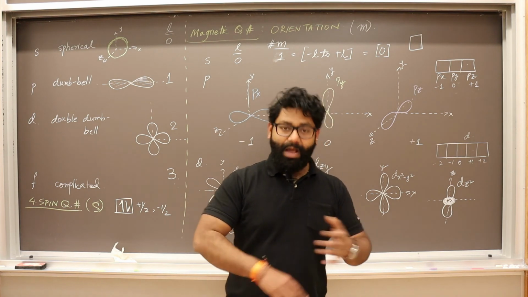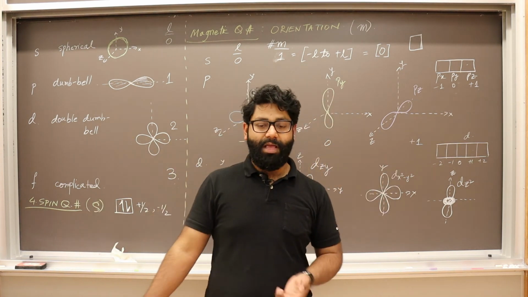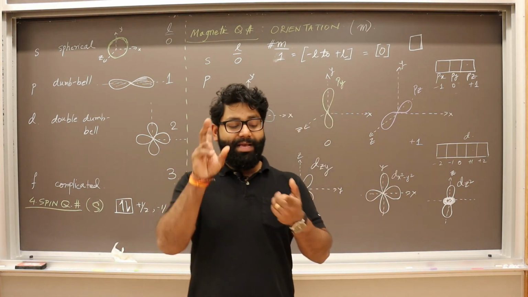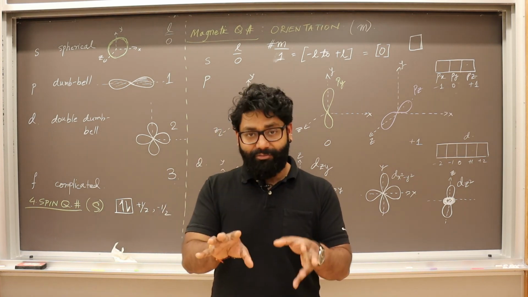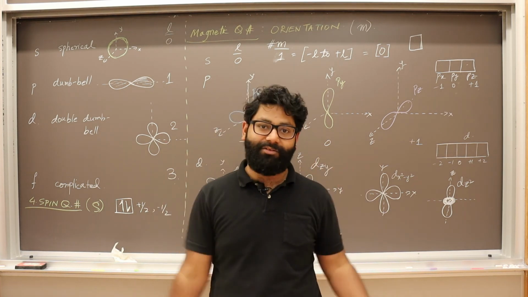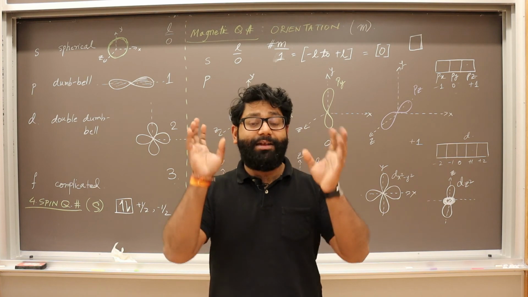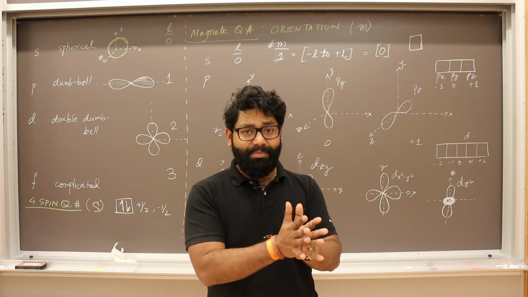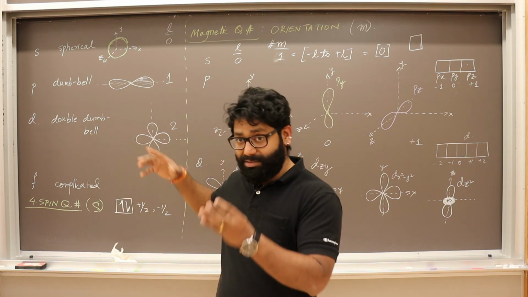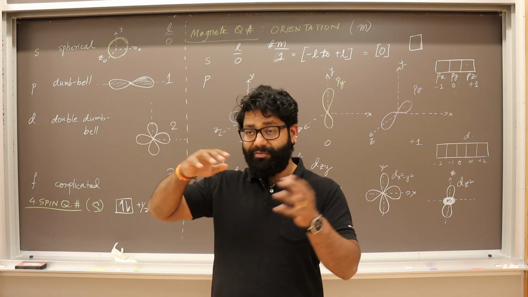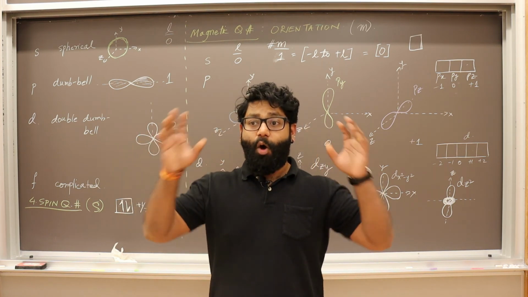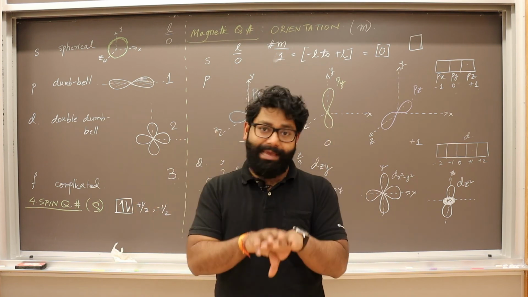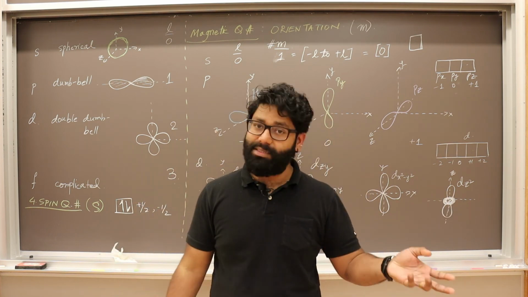Now, every electron will have these 4. When you compare these four quantum numbers for all the electrons, you will find out that no 2 electrons will have all the 4 quantum numbers the same. It cannot. It won't, right?